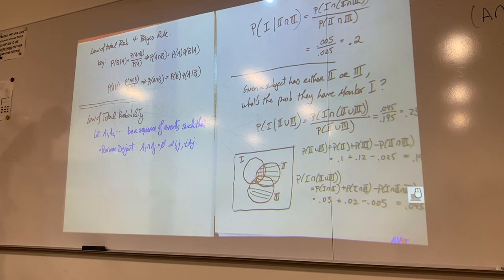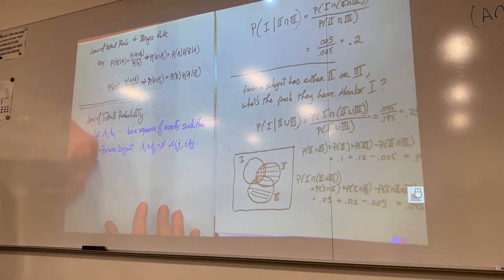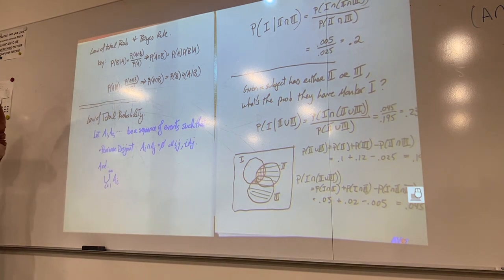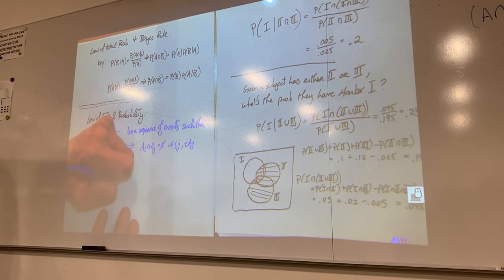Okay, we have to do that at some point. And two, if I take the union of them, i goes from 1 to infinity, if I take the union of all those pairwise disjoint sets, I reproduce the sample space.